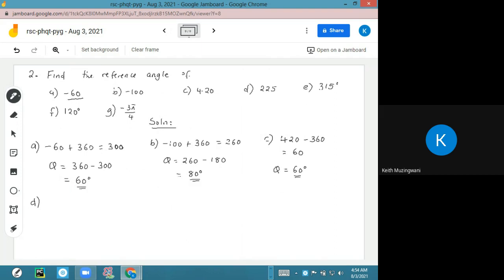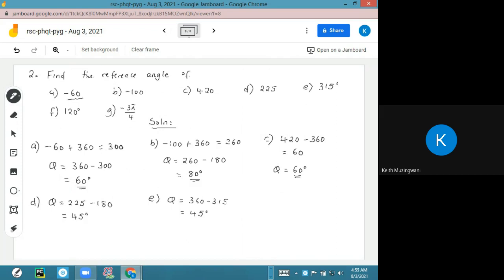That's simple. 225 lies in the third quadrant, so the reference angle is going to be 225 minus 180, so that we get 45. 315 lies in the fourth quadrant, so it will be just 360 minus 315, 45.